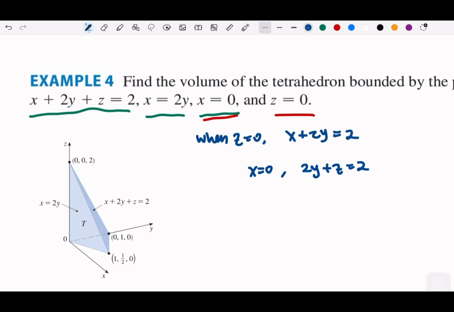This is the x plus 2y equals 2. This will be for x equals y. This will be for 2y plus z equals 2.